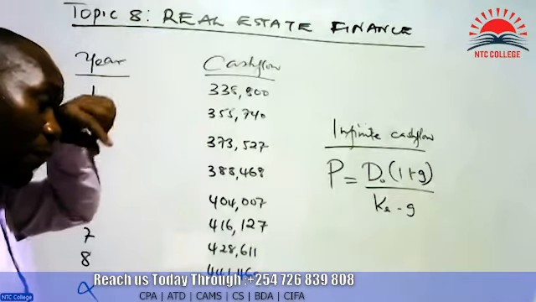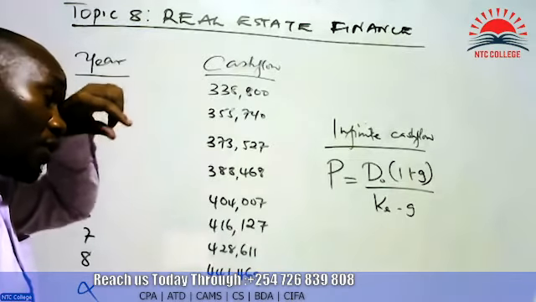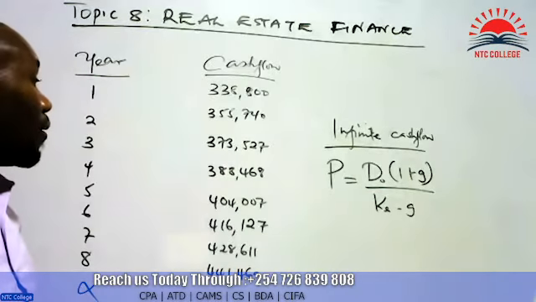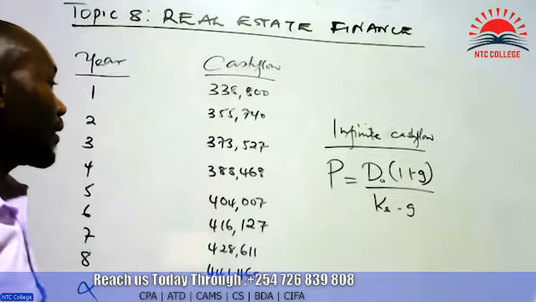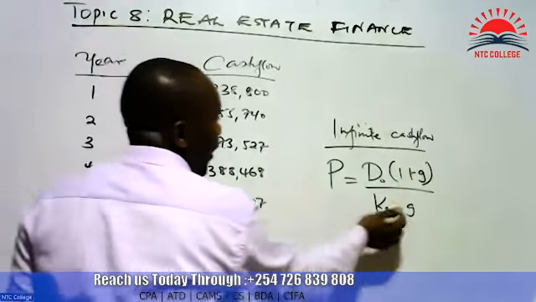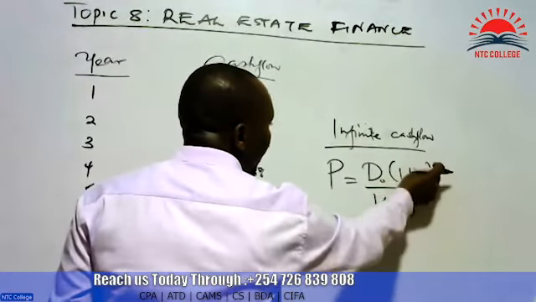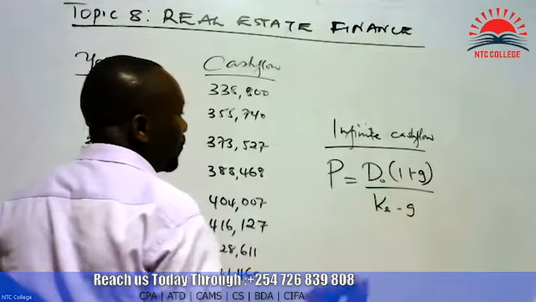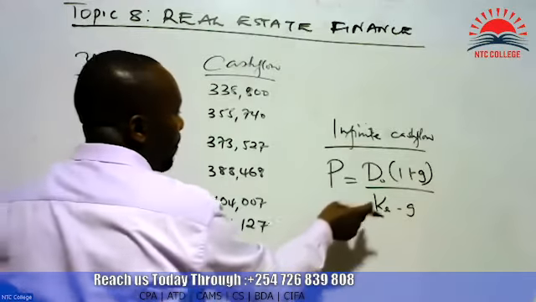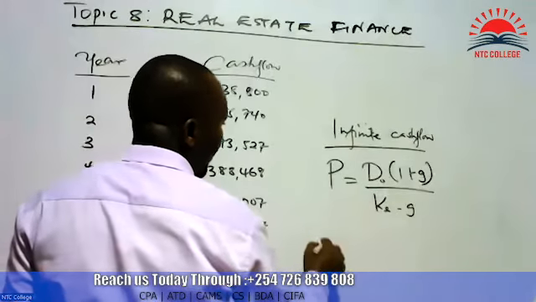And remember the formula for Gordon's growth rate. This is the formula where we are having a growth, g is the growth. What if we make K the subject of the formula?